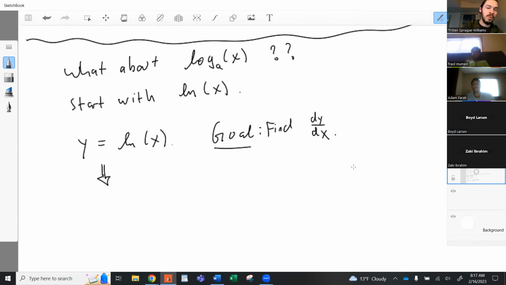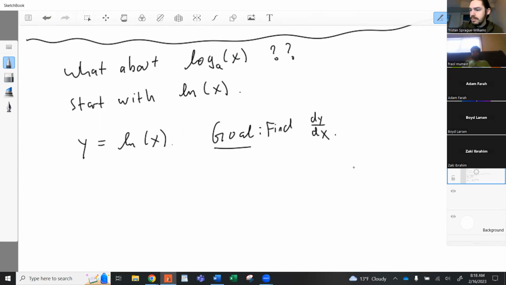Okay, so we're inverting this equation, right? We want to get it with exponential base e. Anyone remember how to do this? Switch it to e to the x power. Hang on, that's kind of the idea, Adam, but let's hear what Boyd was saying.